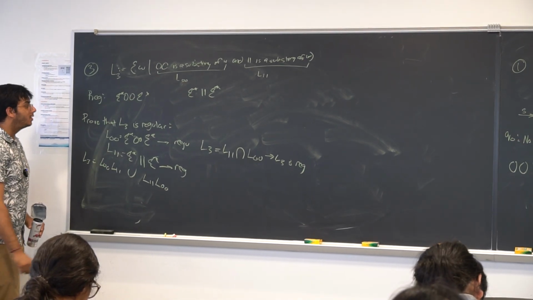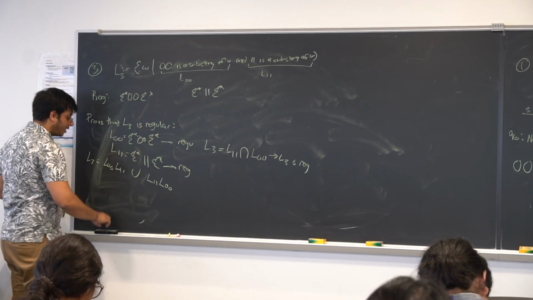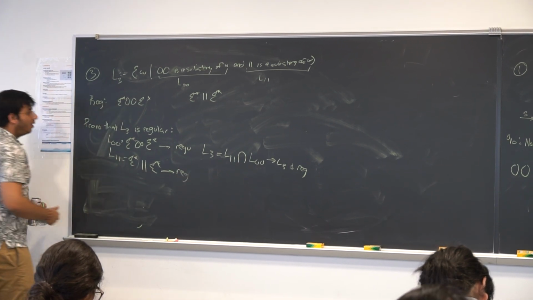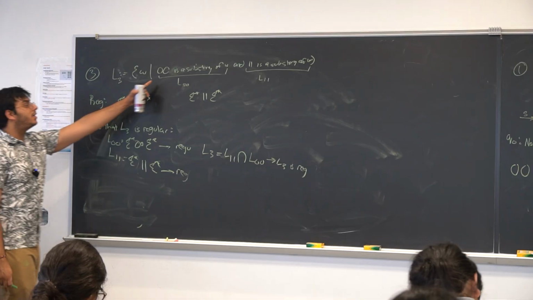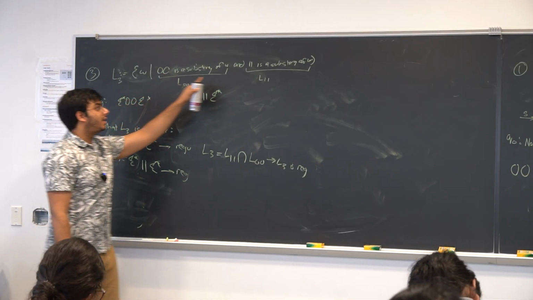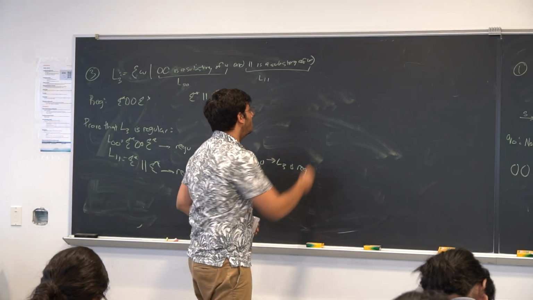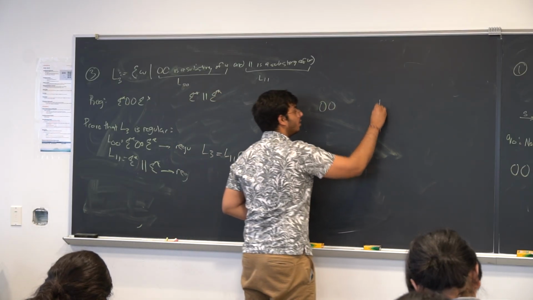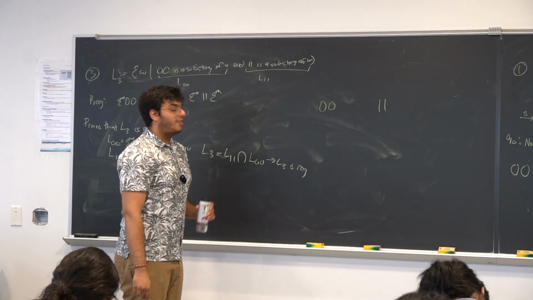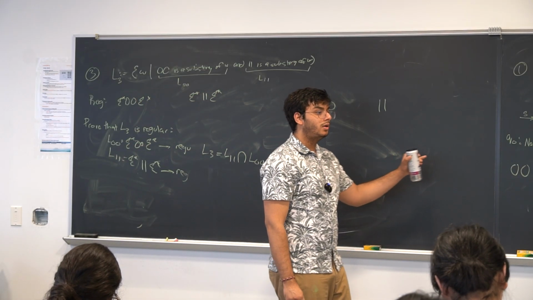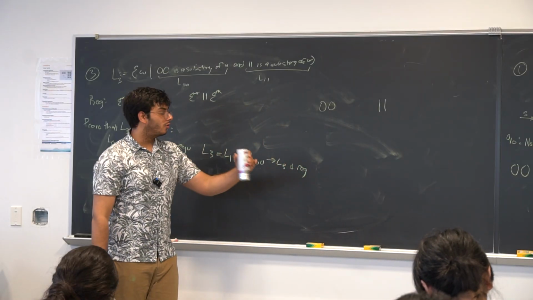If we take this approach, and we wanted to actually write a regex for L3, so I will erase this for now. Well, I know I need to have the substring 0, 0 and the substring 1, 1. Let's say I fix those two things in. Okay, if I need to contain both substrings, either the 0, 0 needs to come before the 1, 1, or the 1, 1 comes before the 0, 0.